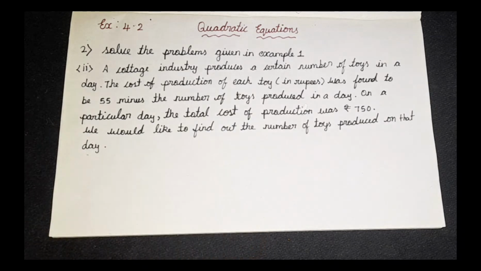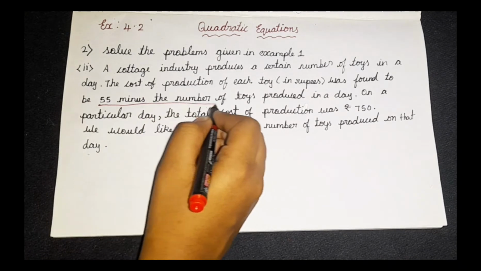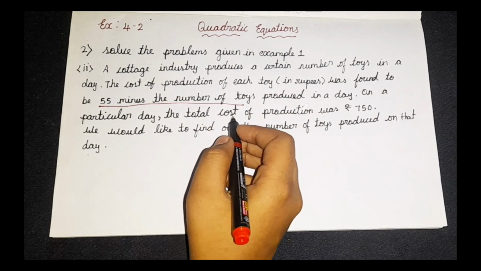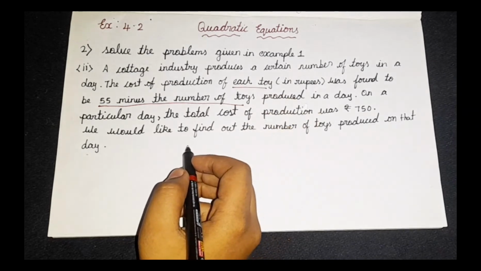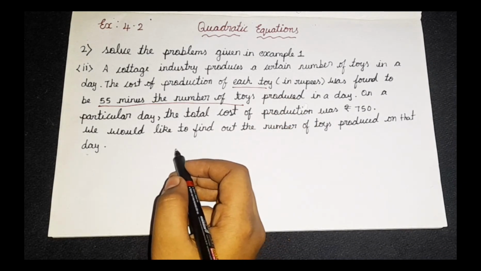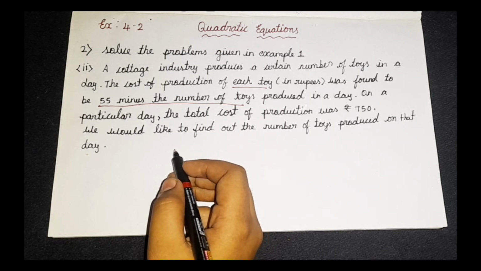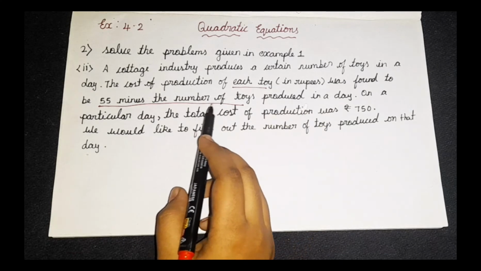Here this one is really important: 55 minus the number of toys. And this word each toy is also really important. When we look at the question, they are mentioning the number of toys, am I right?